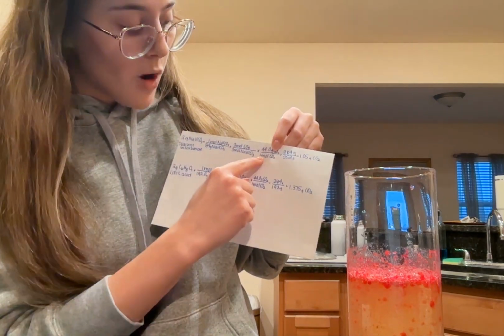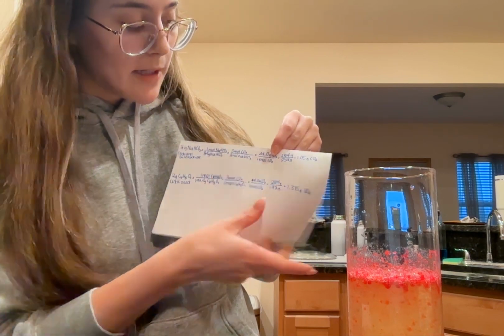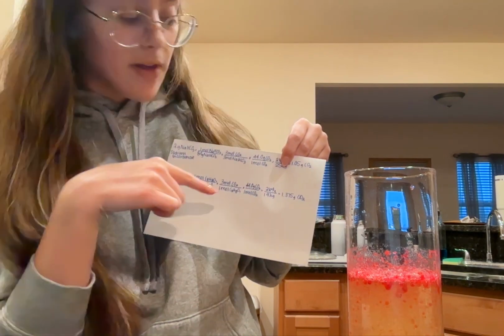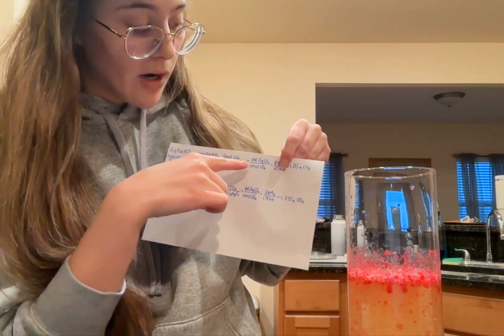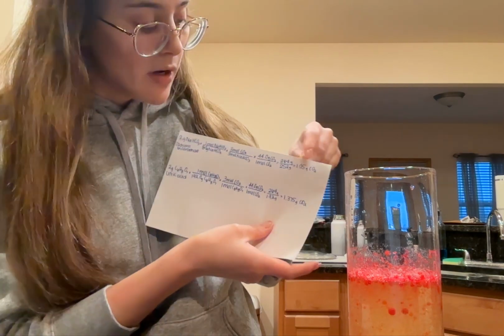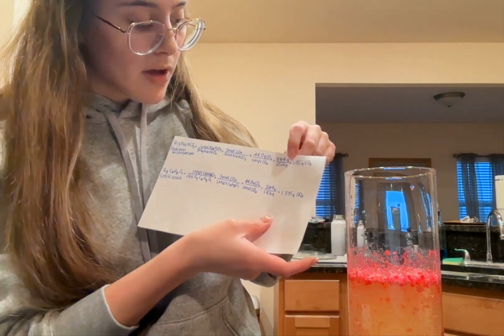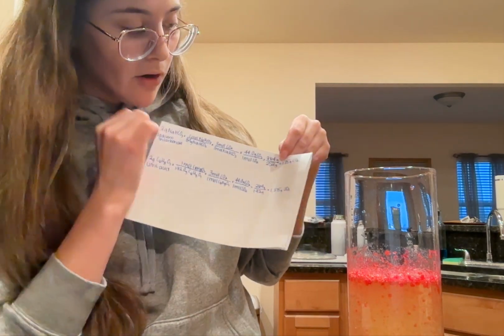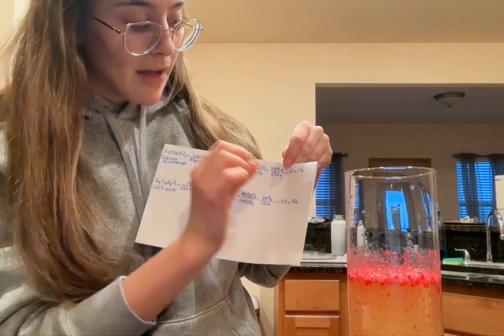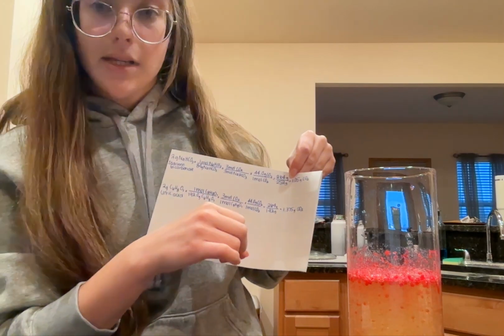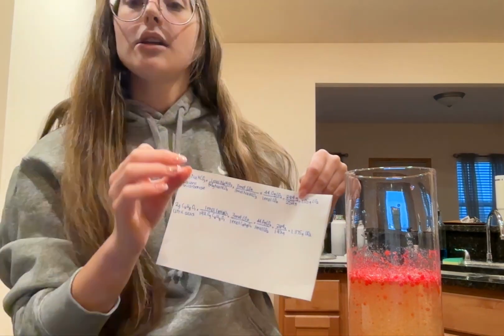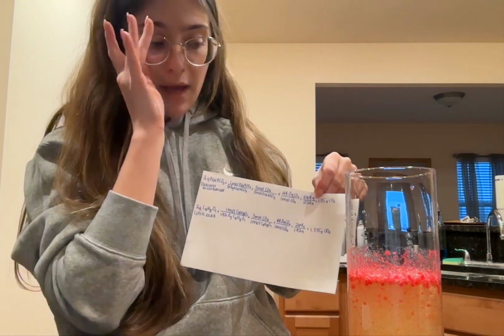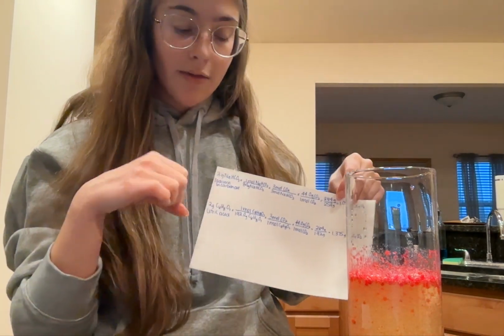And then 1 mole of carbon dioxide, the molar mass of that is 44 grams of CO2. We do our math. If we have 2 grams of sodium bicarb, then we are able to make 1.05 grams of carbon dioxide. So that's the most that you can make with 2 grams of sodium bicarb.